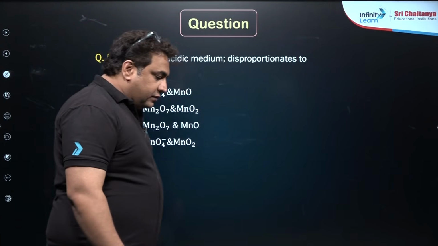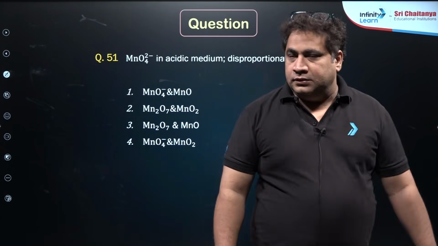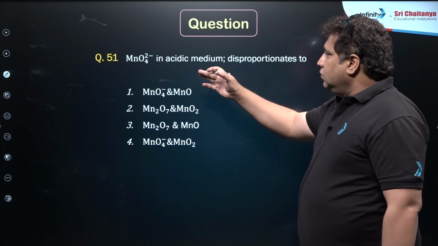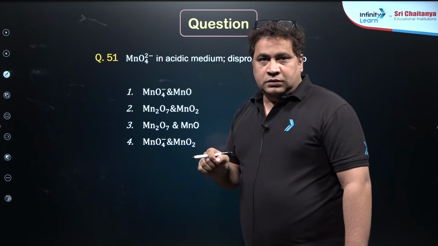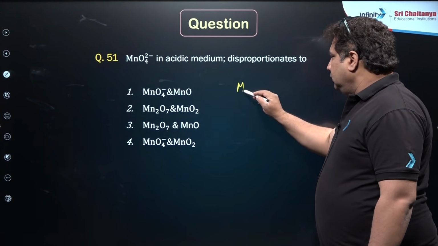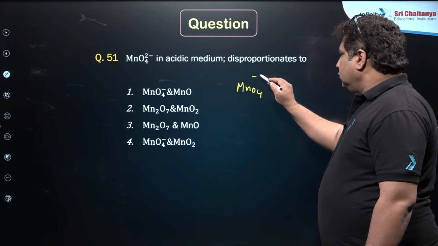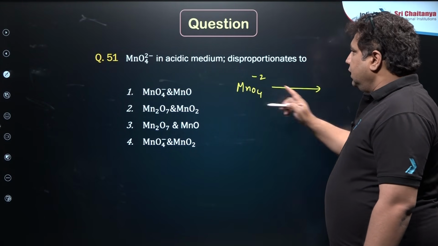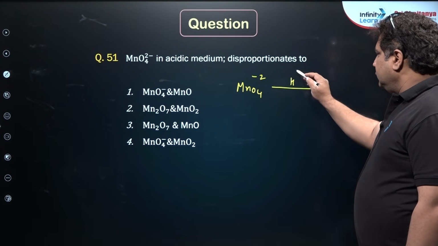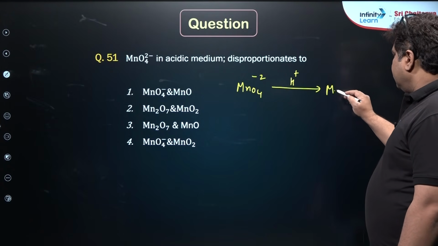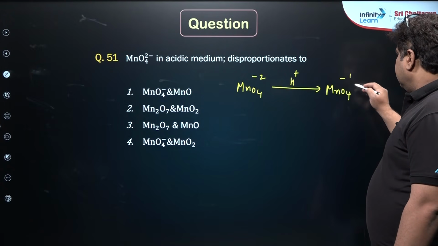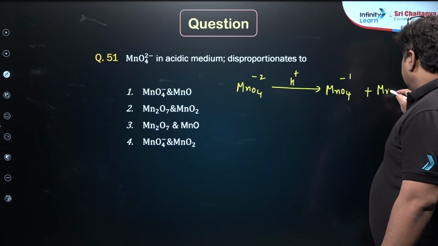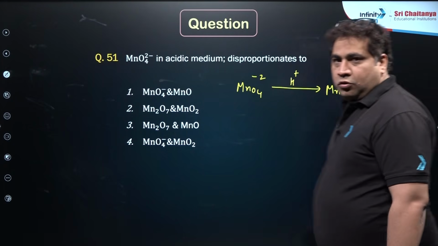So the first question which appeared in the examination is MnO4 2 minus, that is the manganate ion, treated in acidic medium. So we know that in acidic medium it forms MnO4 minus plus MnO2. In acidic medium it always forms MnO2.